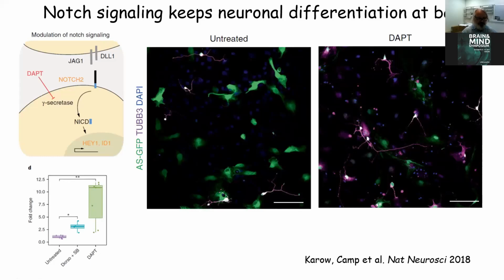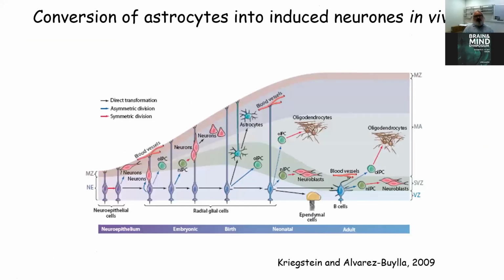of these identity switches. Now, for the rest of the talk, I want to go to the situation in vivo and to the main goal in the lab, to see whether we can convert endogenous glial cells into neurons, such as astrocytes, but we are also interested in the potential of oligodendrocyte progenitor cells to convert into neurons.